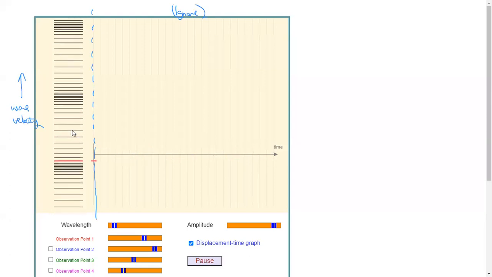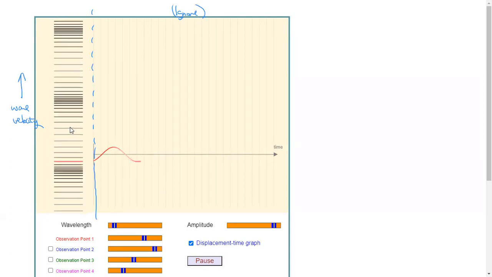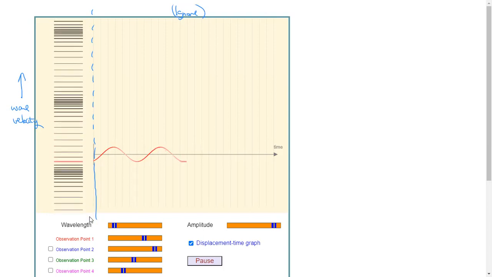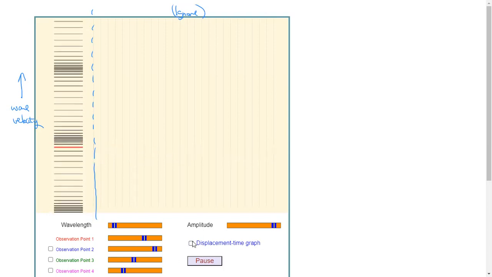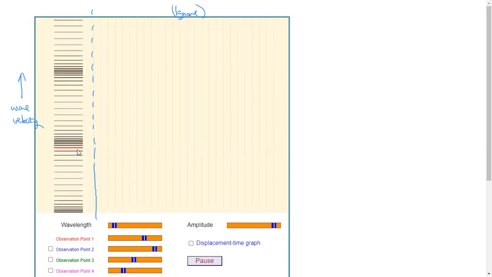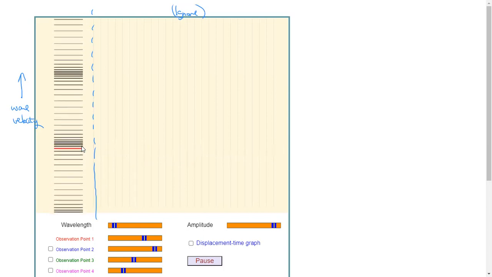But now let's closely examine how this wave moves upwards. If you just take a look, it looks like that. But now if you take a look at this red one, this seems to move forwards and back, right?